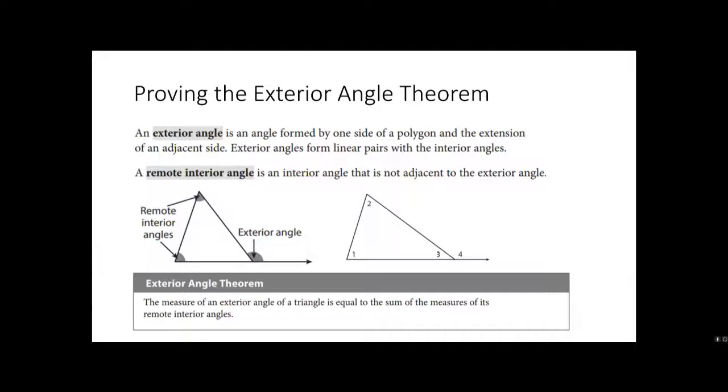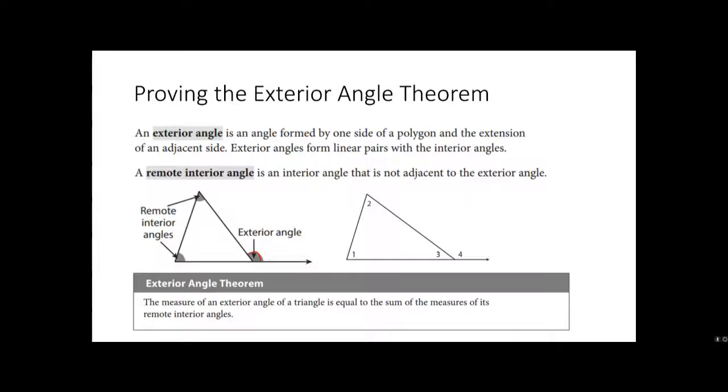All right, so proving the exterior angle theorem. An exterior angle is an angle formed by one side of a polygon and the extension of an adjacent side. Here's our polygon, in this situation a triangle, which is a polygon with more than one side.